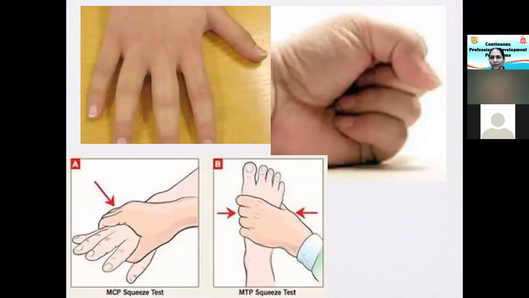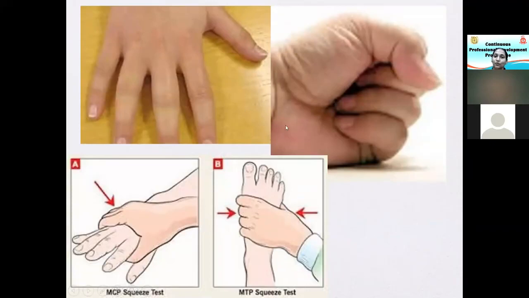So, how do you identify them early when patients present to your practice with arthritis? See, if you can identify them at this stage where there is very subtle spindling of the fingers. You see this spindling because of the synovitis, the synovial inflammation of the proximal interphalangeal joints.